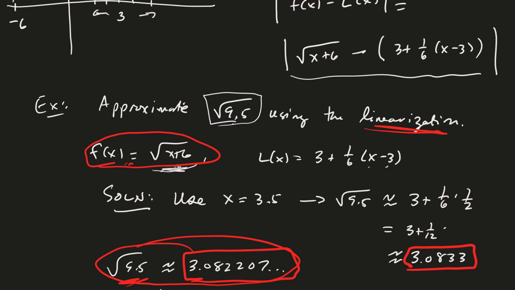And so you end up having to use some kind of approximation. And so we'll talk about those kinds of approximations later. For right now, though, it's nice to be able to compare the exact value versus our linearization, just to make us feel good about our approximation and make sure that this is actually doing something.